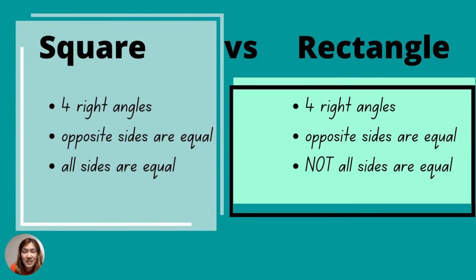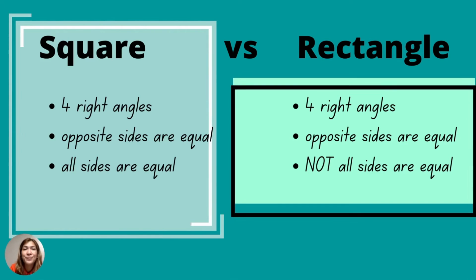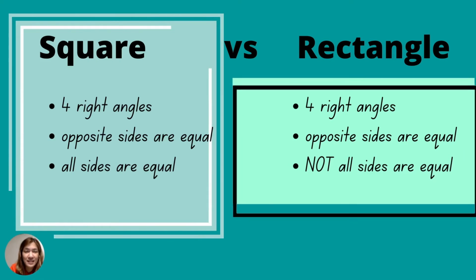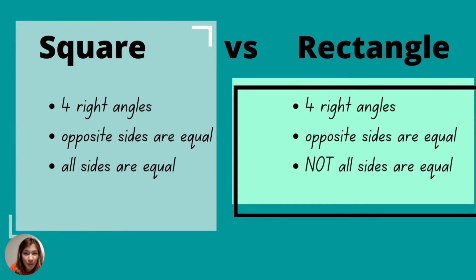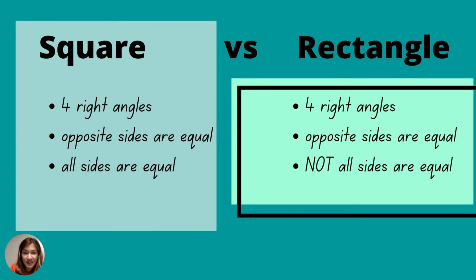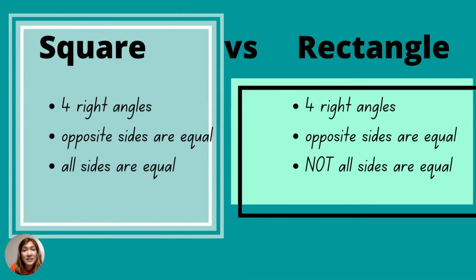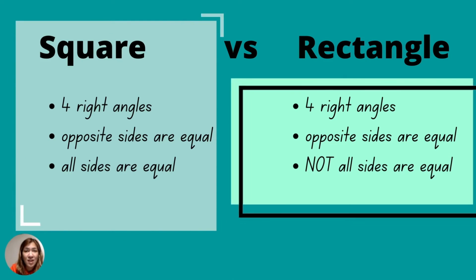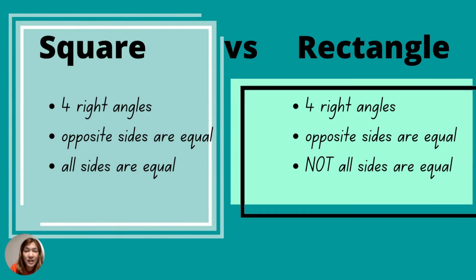How about the rectangle? 4 right angles too. The same as the square, right? Opposite sides are equal, this side and that other side. But not all sides are equal in length.